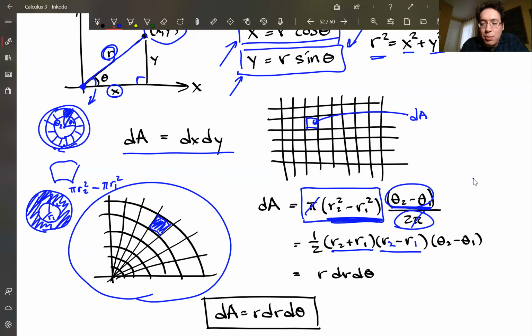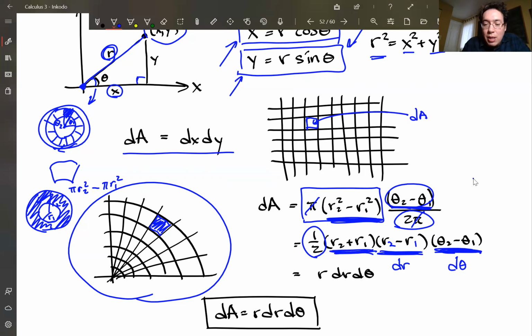We still have the 2 in the bottom, so I'm going to leave that as 1/2 in the front. So we have 1/2 times r1 plus r2, times r2 minus r1, times theta 2 minus theta 1. I'm imagining r2 minus r1 as dr, the small change in the radius, and theta 2 minus theta 1 as d theta, the small change in the angle.